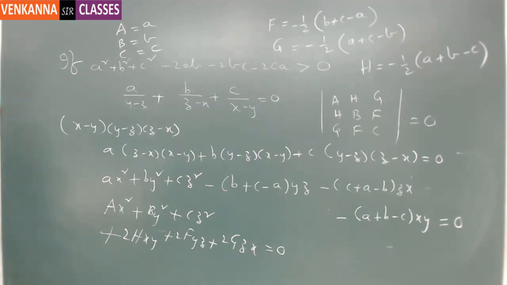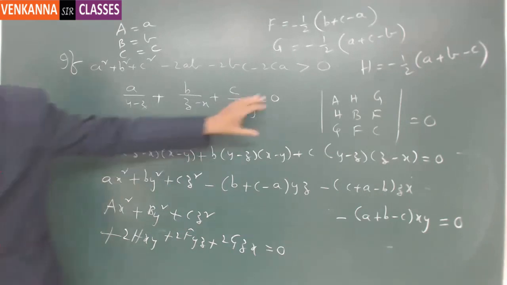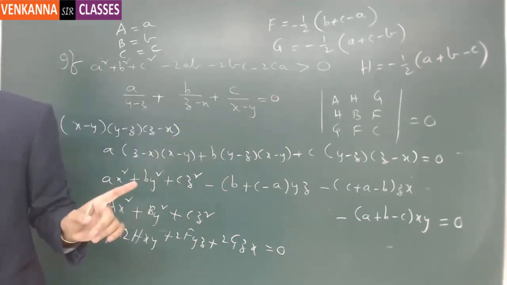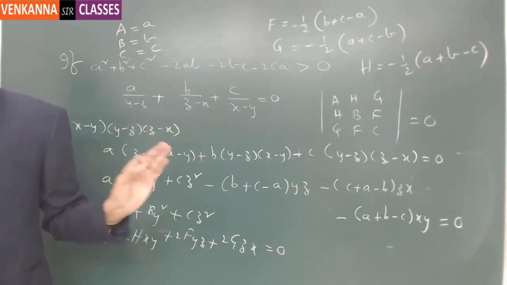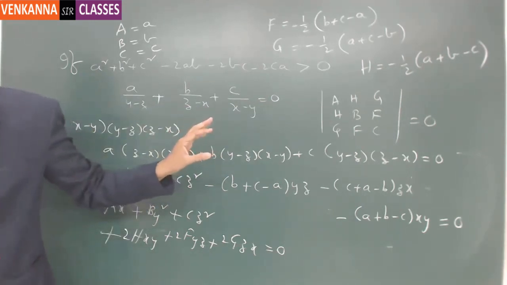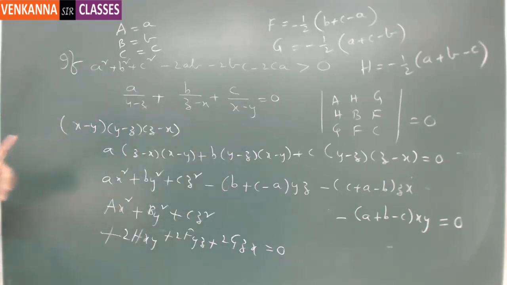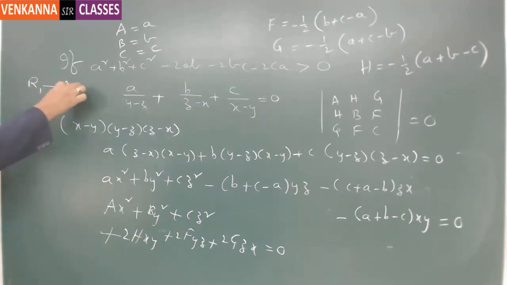Okay. Now what I am going to say is, if you substitute the values in the determinant, since we need to evaluate the determinant, you simply perform one row operation, that R1 tends to R1 plus R2 plus R3. That is, for the first row, you add second and third row values.